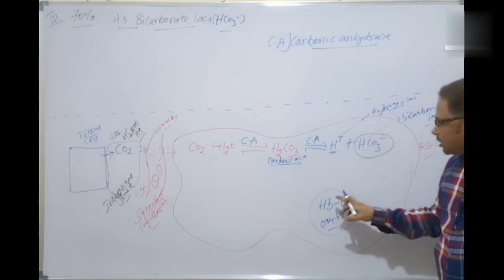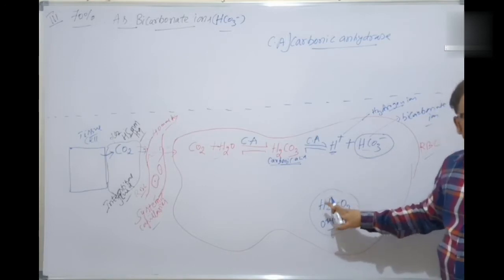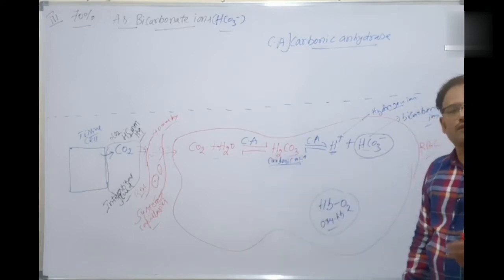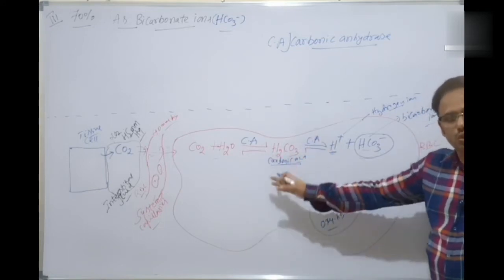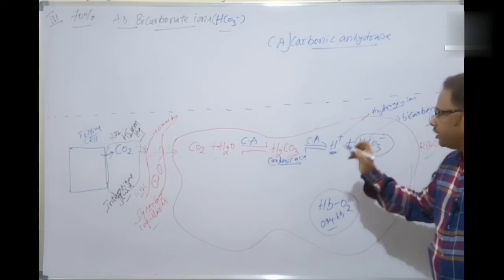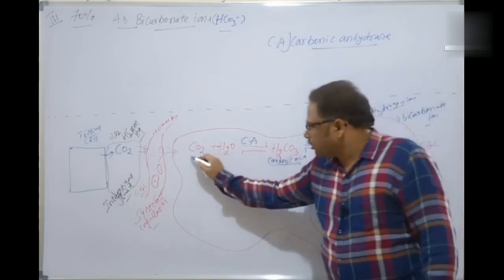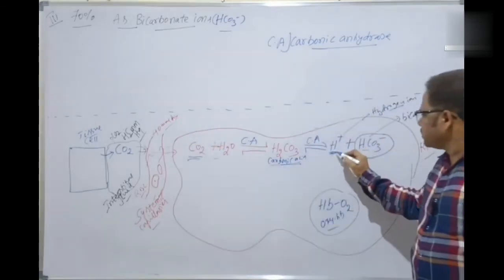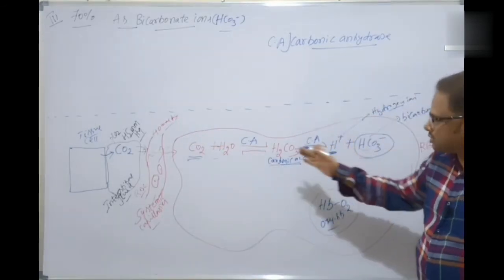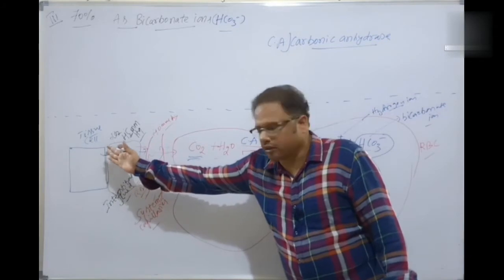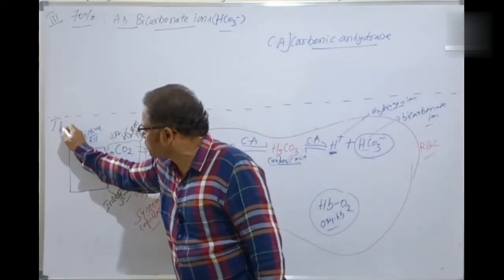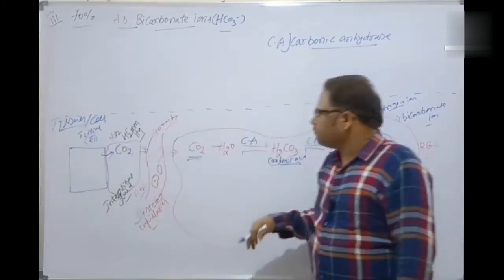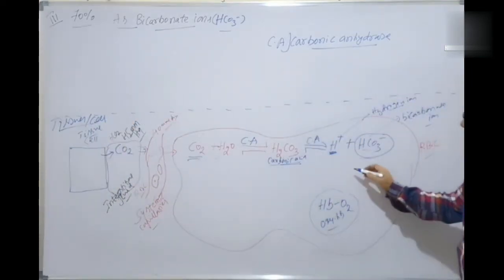If the partial pressure of oxygen is lower, as at the tissues, and the partial pressure of carbon dioxide is higher, and the hydrogen ion levels are higher, see here, this is happening at the tissues. Don't forget this, tissue cells.